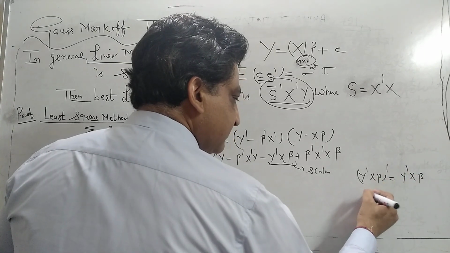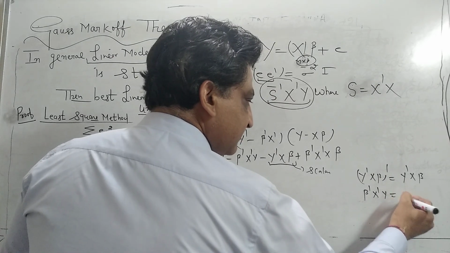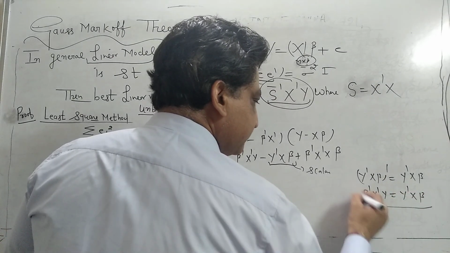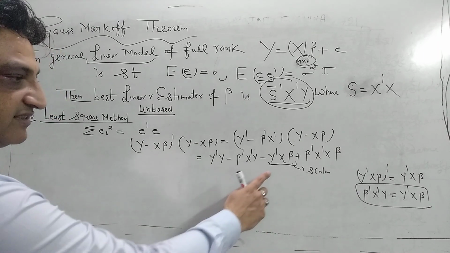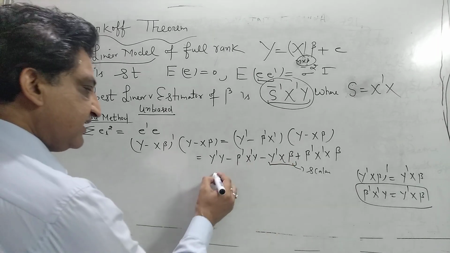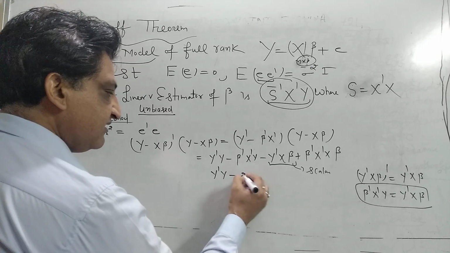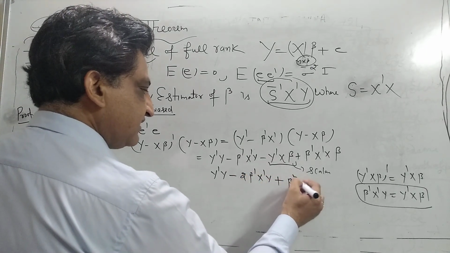So I can write y'y minus 2β'X'y plus β'X'Xβ.